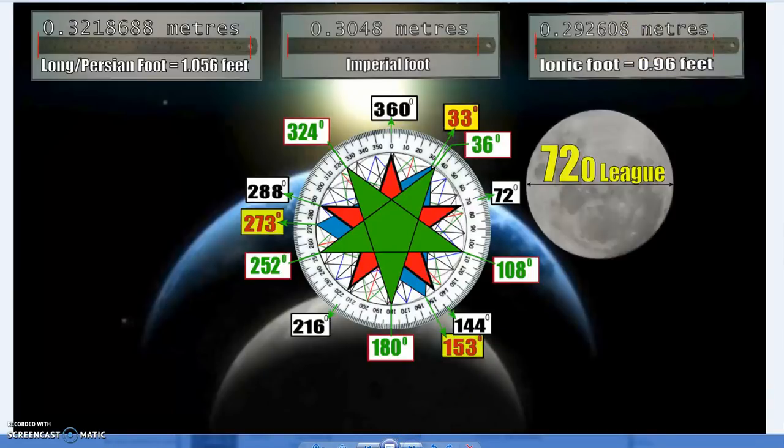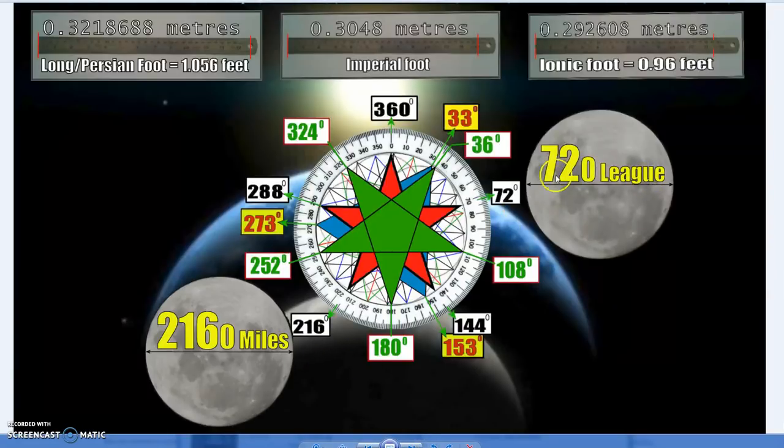Sun, Earth and Moon. Firstly, 720 leagues is the diameter of the Moon, at above 99.9%. These are all above 99.94%. But 1 league is 3 miles. So 720 multiplied by 3 gives the diameter of the Moon, 2,160 miles.